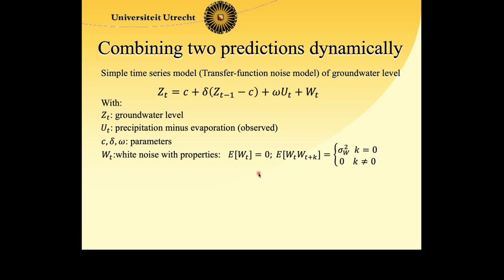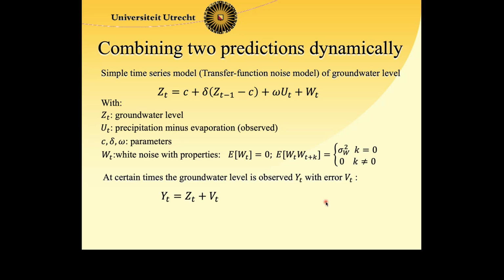So this is discrete white noise, not correlated in time, with a variance equal to sigma_w squared. So this is a simple discrete model.